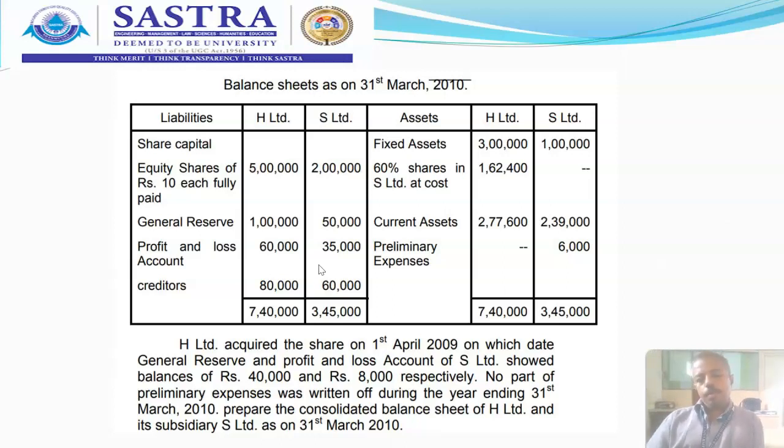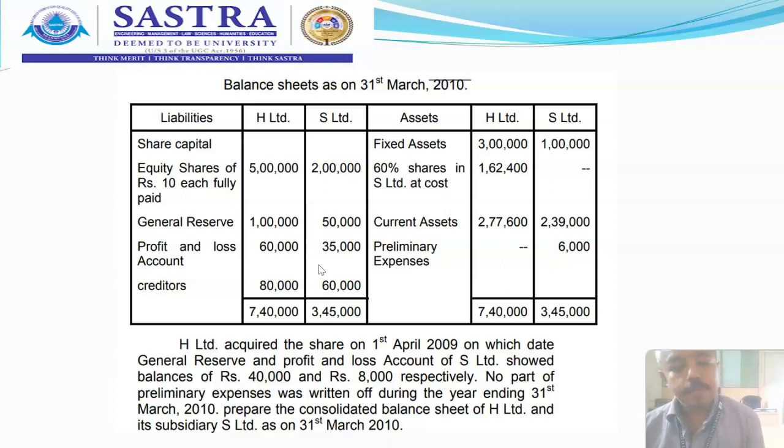So now, what is the portion belonging to minority people, that is outsiders, in the subsidiary company? 40% of capital profit belongs to the outsiders, that is the minority people.